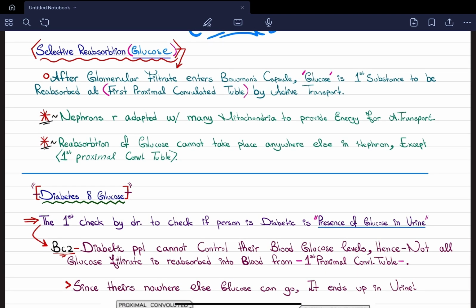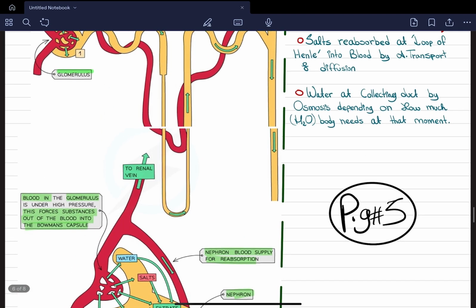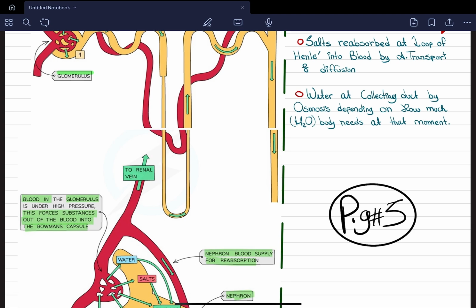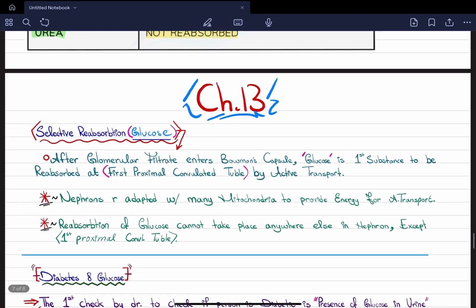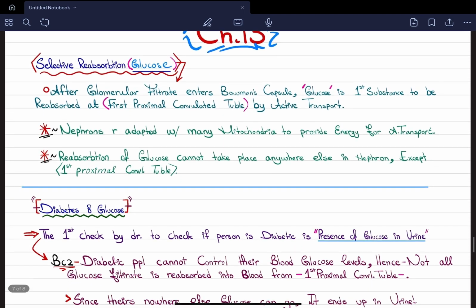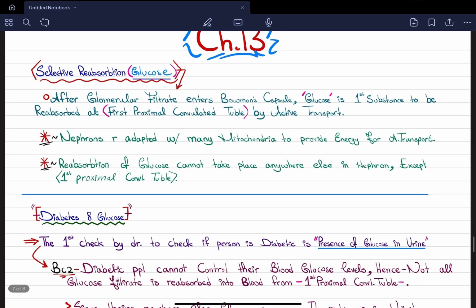Selective reabsorption of glucose. So we found out that selective reabsorption of salts and minerals is by diffusion and active transport, and water is by osmosis. Now, selective reabsorption of glucose. After the glomerular filtrate enters the Bowman's capsule, glucose is the first substance to be reabsorbed at the first proximal convoluted tubule by active transport.